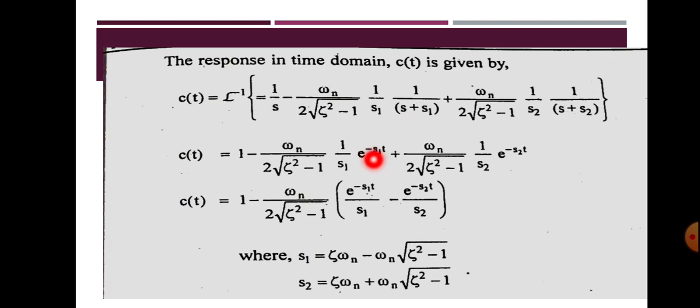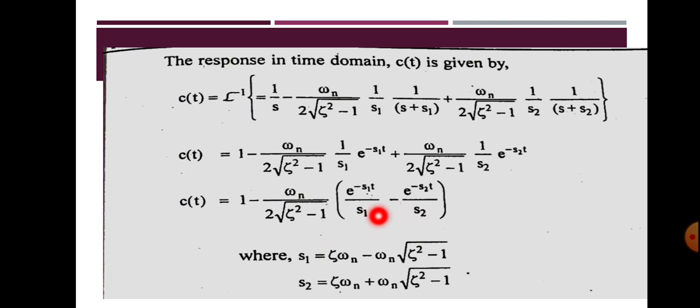So we can write it here, and here also ωn divided by 2 into square root of (δ² - 1) into 1/s2 is a constant term, so we can keep it there, and 1/(s + s2) has the inverse Laplace transform e raised to -s2 t. And these common terms can be taken outside, so that we get the equation C(t) = 1 minus ωn divided by 2 into square root of (δ² - 1), and the rest of the terms are e raised to -s1 t divided by s1 minus e raised to -s2 t divided by s2.